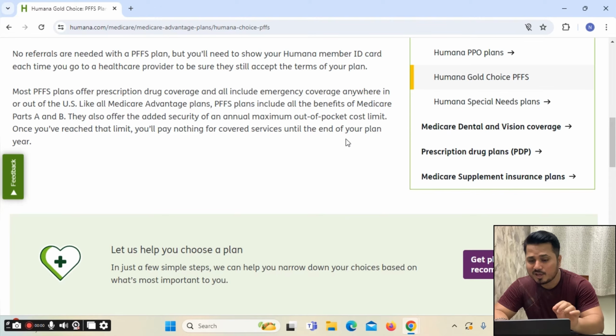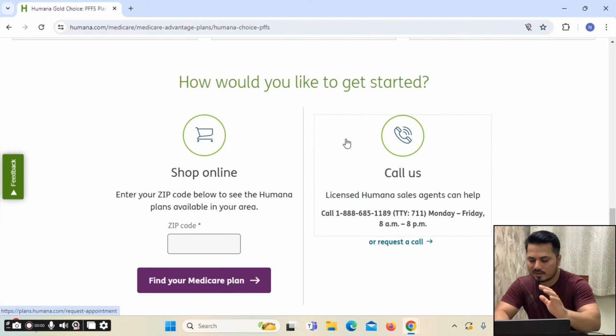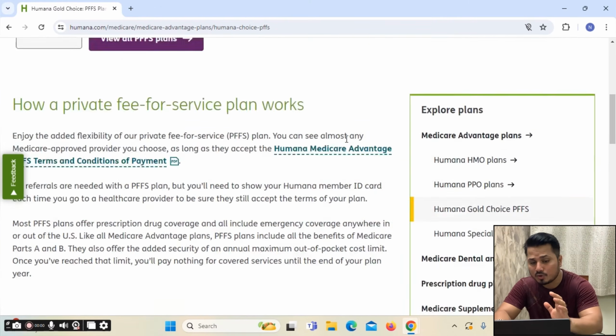PFFS plans include all the benefits of Medicare Part A and B. They also offer the added security of an annual maximum out-of-pocket cost limit. Once you have reached that limit, you will pay nothing for covered services until the end of your plan year, guys. All right. So we have covered this as well.